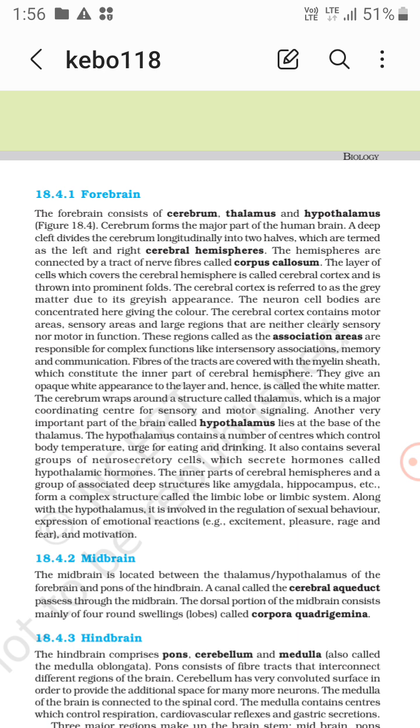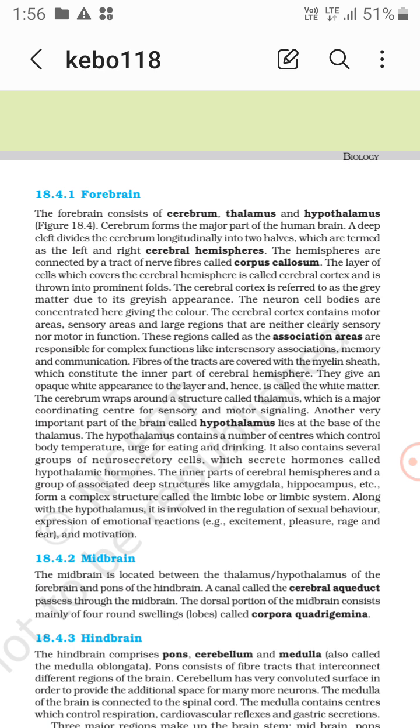These regions, called the association areas, are responsible for complex functions like intersensory association, memory, and communication.